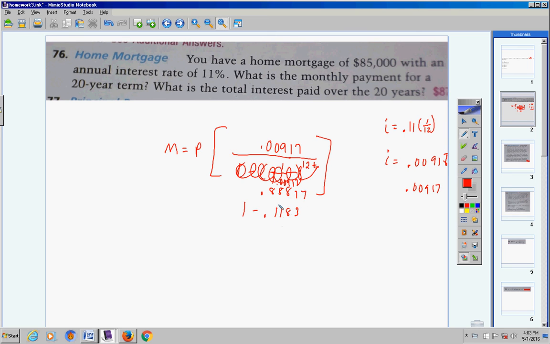So with your calculator, simply take 0.00917 divided by 0.88817, enter, and then right here where your P is, we should have 85,000. So multiply that times 85,000, and you should get the correct amount, which is $877.59. So there's your monthly payment, $877.59 approximately.